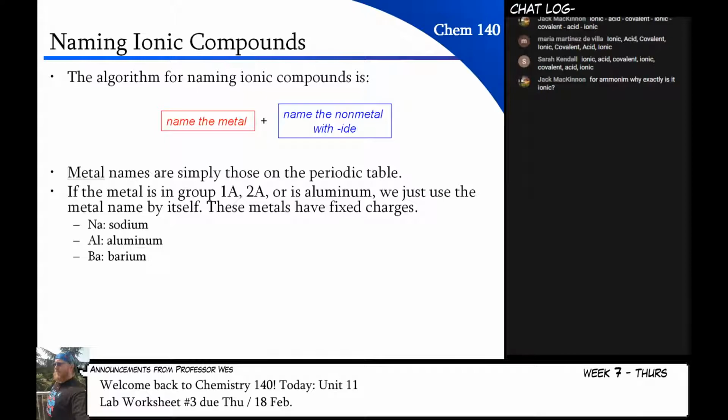Now, depending on your text, you might also see that it includes the following elements: aluminum, gallium, zinc, cadmium, and silver. On the periodic table, they kind of make this little stairway. The stairway to silver, we'll call it.